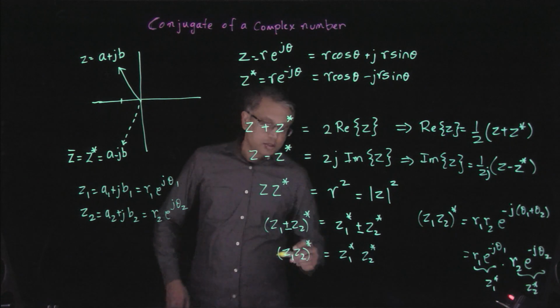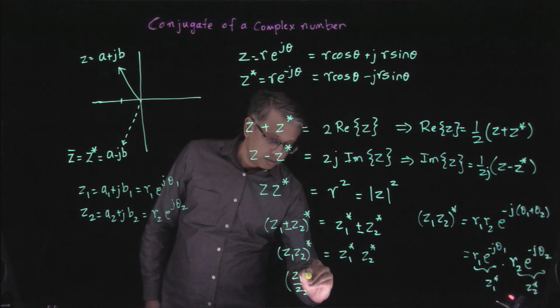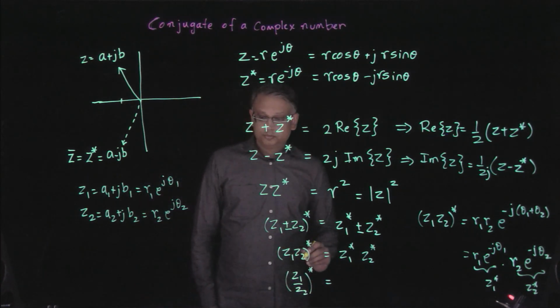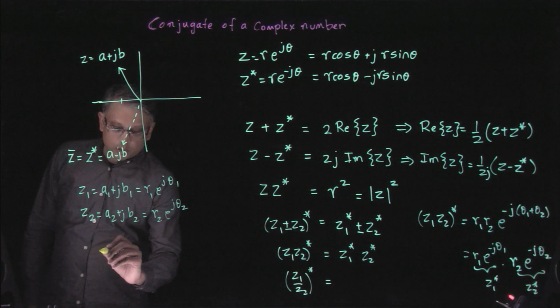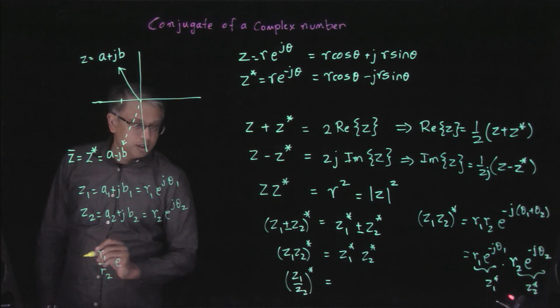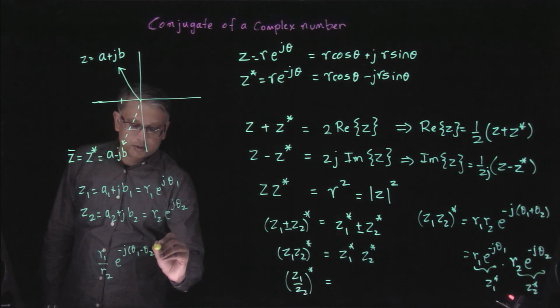So how about the conjugate of Z1 over Z2? Well, you can see the conjugate of Z1 over Z2 is R1 over R2 times e to the negative j theta 1 minus theta 2.